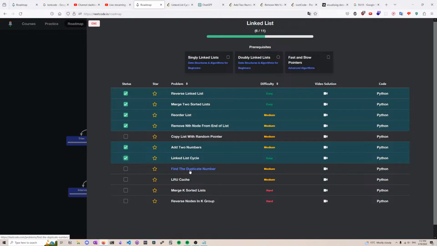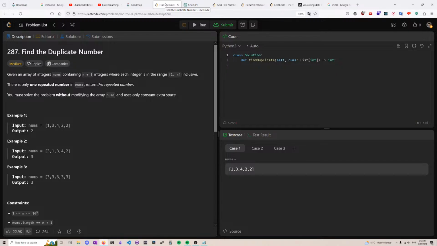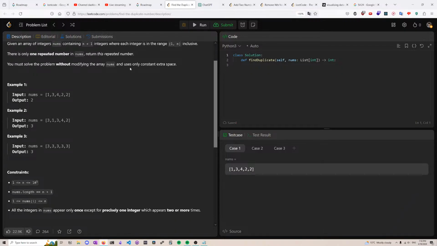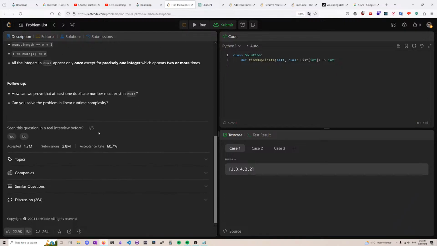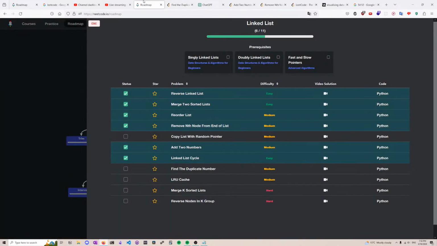Find the duplicate number. Okay. Given the array of numbers, integers nums containing n plus 1 integers... wait, what? Is this even the right question?